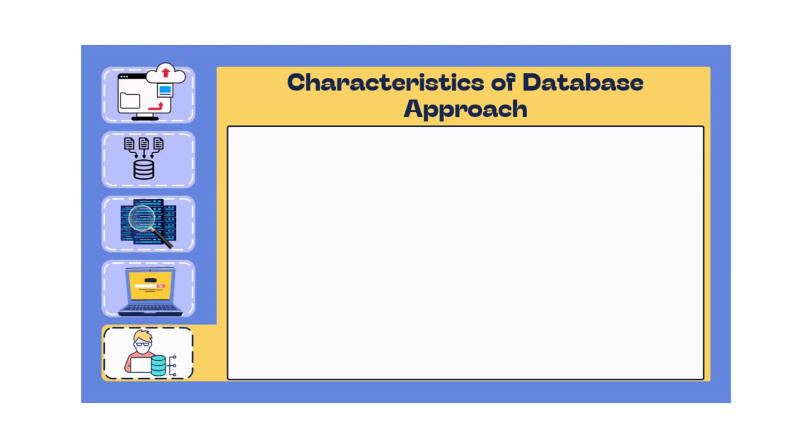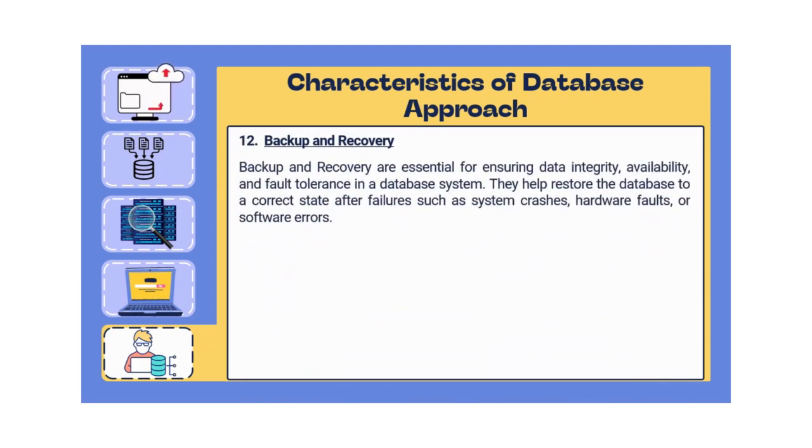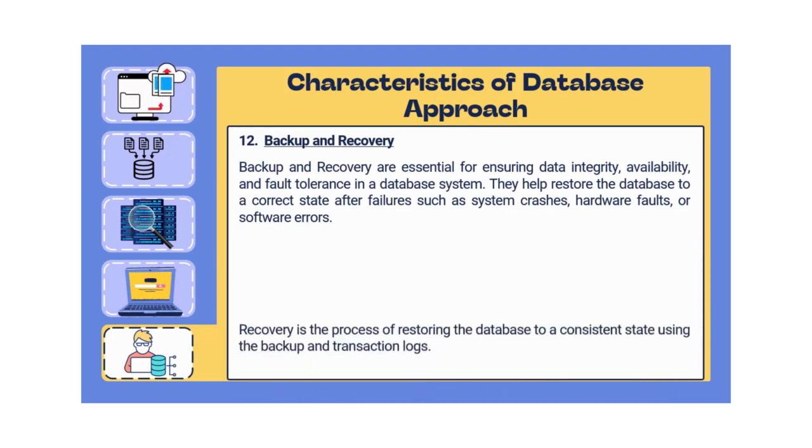The 12th characteristic of database approach is backup and recovery. Backup and recovery are essential for ensuring data integrity, availability, and fault tolerance in a database system. They help restore the database to a correct state after failures such as system crashes, hardware faults, or software errors.